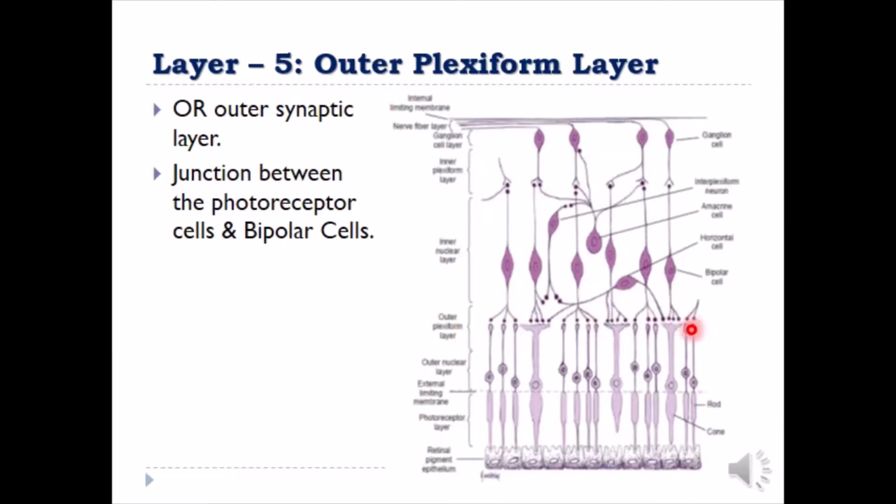You can see that these are a type of neural cells, and these are another type of neural cells. So the junction between the neural cells is known as your plexiform layer. Since it is connecting the outermost photoreceptor cell and the inner ganglion cell, this junction is known as the outer plexiform layer.